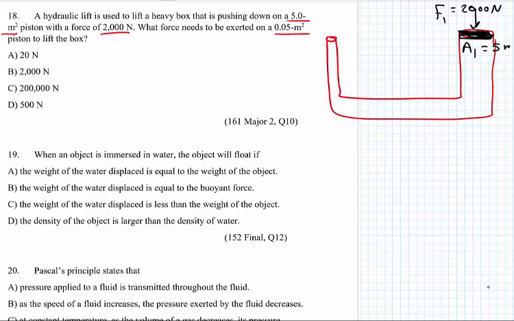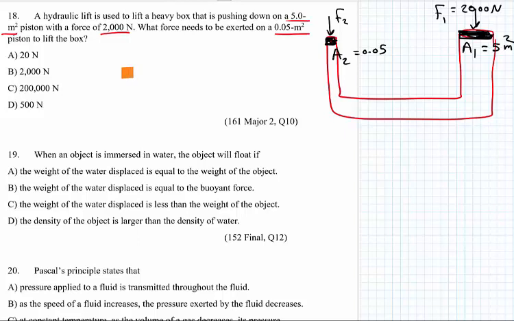is 5 square meter. On the other side there is another, smaller piston with a force, let's call it F2, and the area A2 is a smaller one, 0.05. So we expect that the force F2 is smaller because its area is smaller, as the two pressures are the same. That's Pascal's principle.